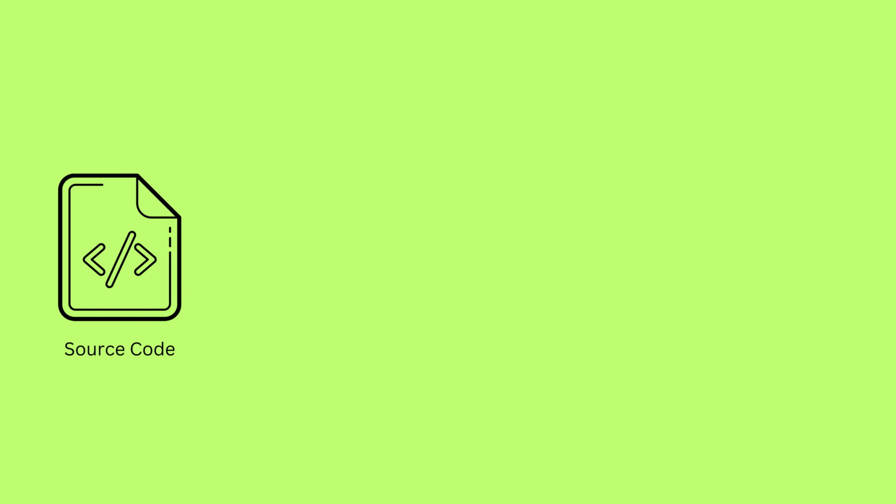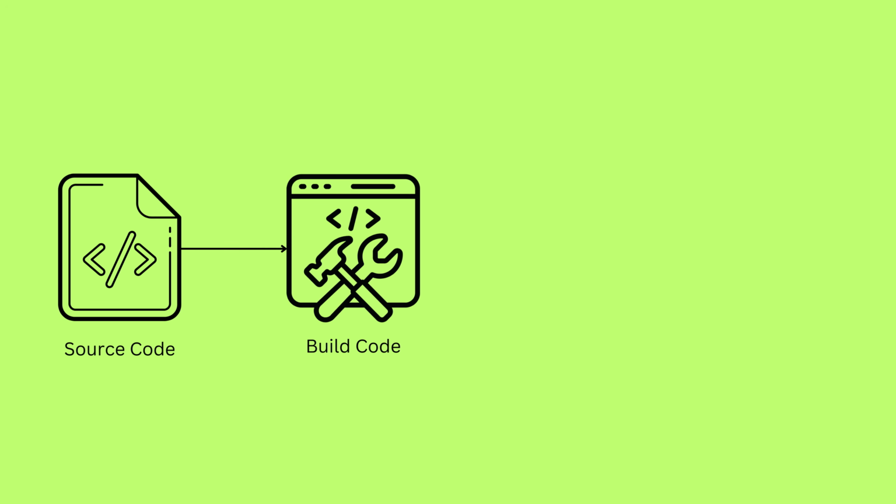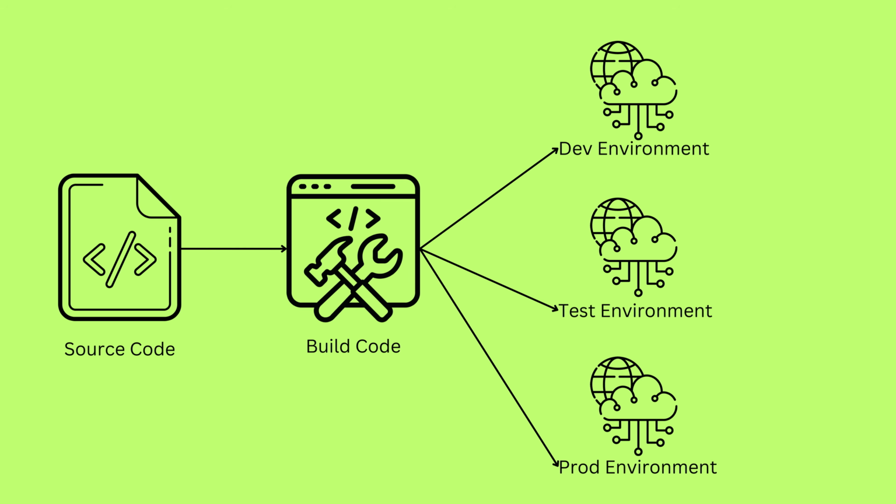Let's take a look at the whole process. We have a source code and you build your source code. When you build your source code, that produces an artifact, and the same artifact can be deployed into multiple environments. Here we have three environments, dev, test, and prod, and each environment will talk to a different database instance.